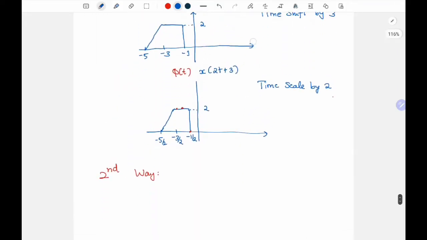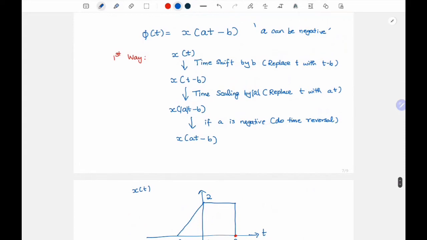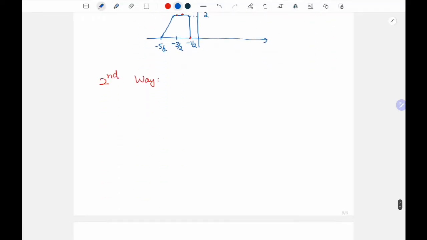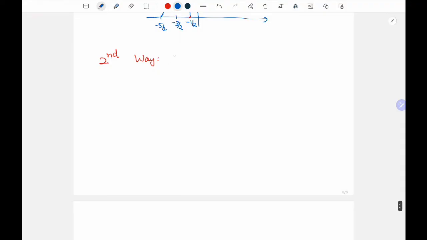So in the first way we did time shift by b first and then time scaling. In the second way, it is opposite, right? So x of at plus b. So you have x of t. First you do time reversal if necessary.